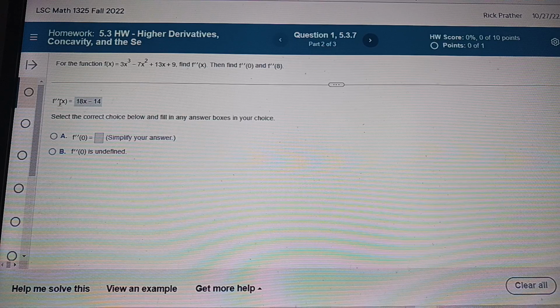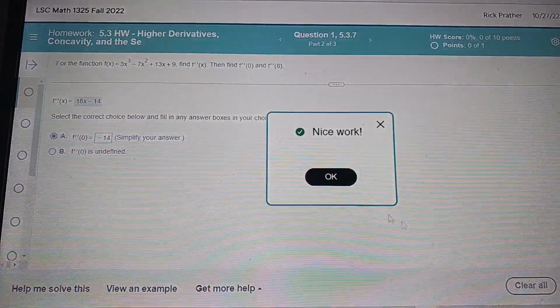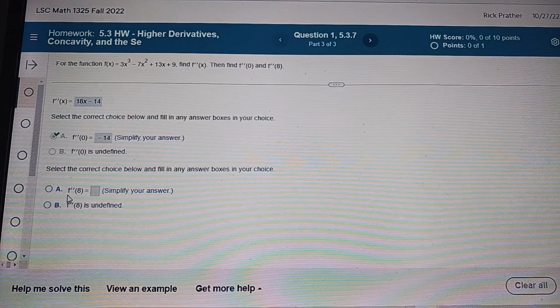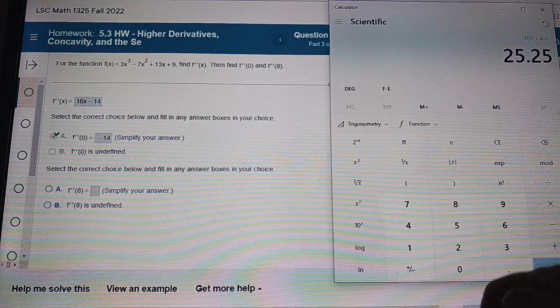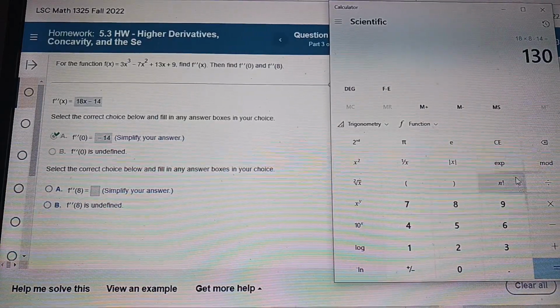Put 0 into this second derivative function. 18 times 0 is 0, minus 14 is minus 14. And then f double prime of 8, plug 8 in, 18 times 8, minus 14, 130.